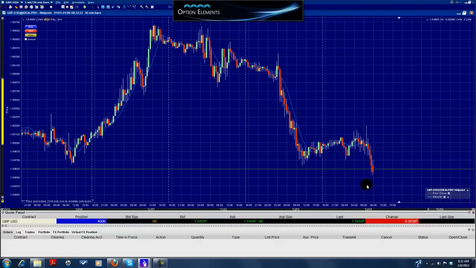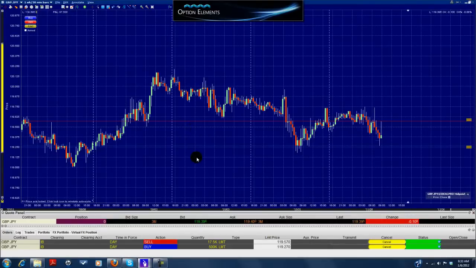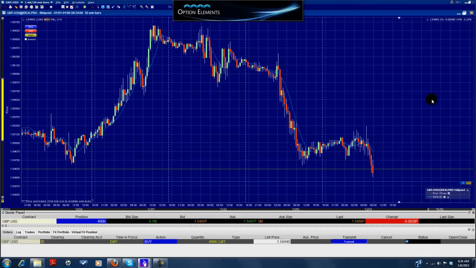Okay. I wanted to move this buy order down. Okay. Here we sit. We missed our trade in the yen right there. Okay, so anyway, we got an order in to buy and an order in to sell, and need to change that. Wouldn't have got very much out of that, would I? Okay.